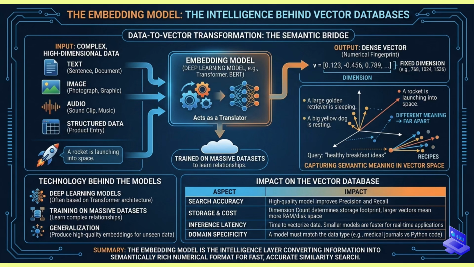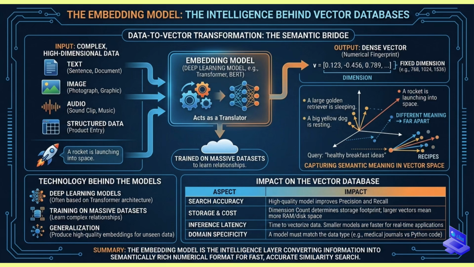Now let's have a look at a few aspects and the impact of the embedding model. So first aspect is the search accuracy. A high-quality model improves both precision, the top results are exactly what you need, and recall, no relevant data is missed. Second, we have the storage and cost.